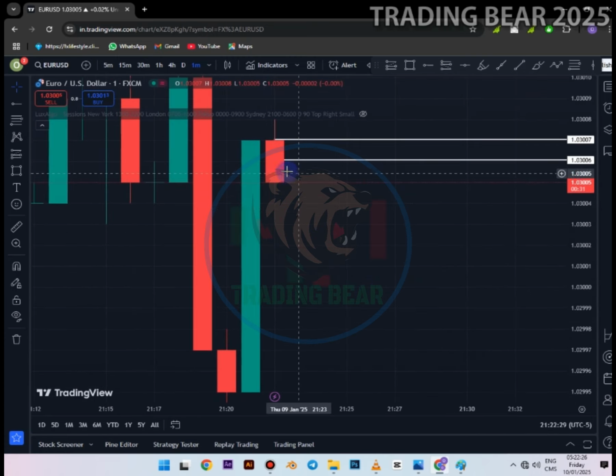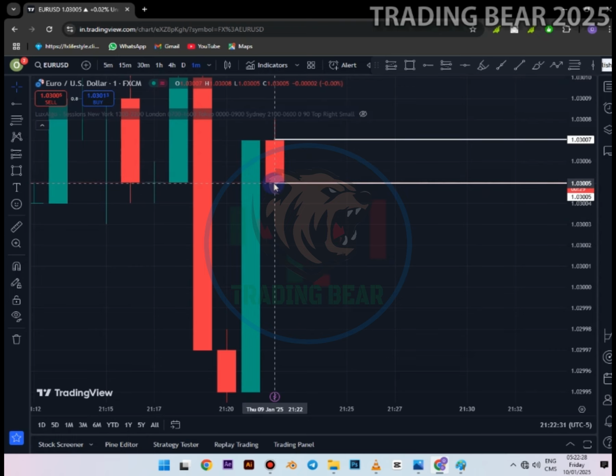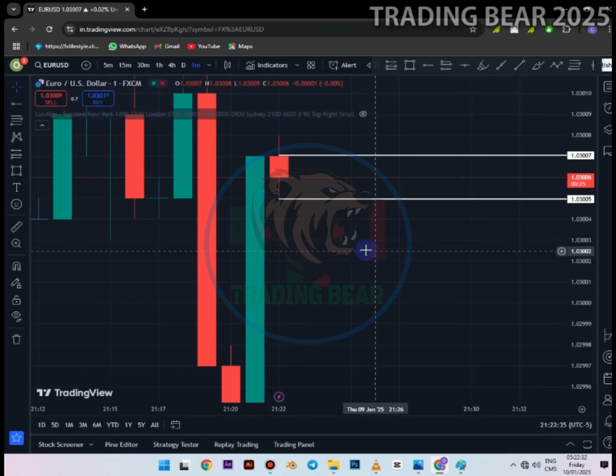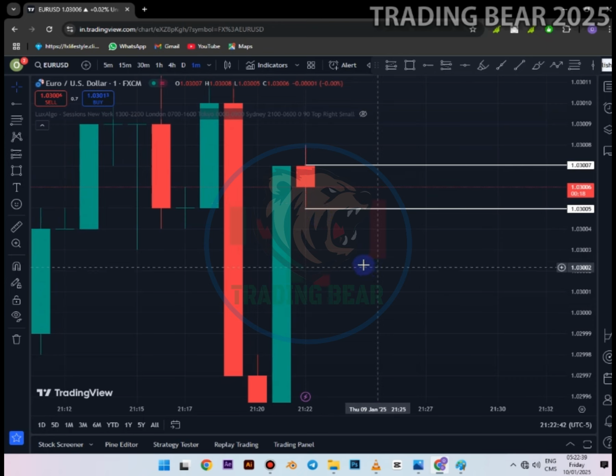See, it's dropping lower and lower. Okay, see, it has left this shadow here, meaning that price went up to here but closed before the time.